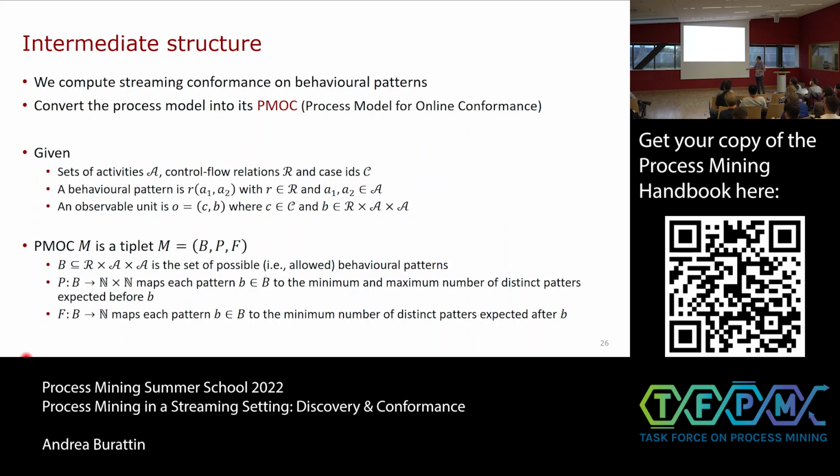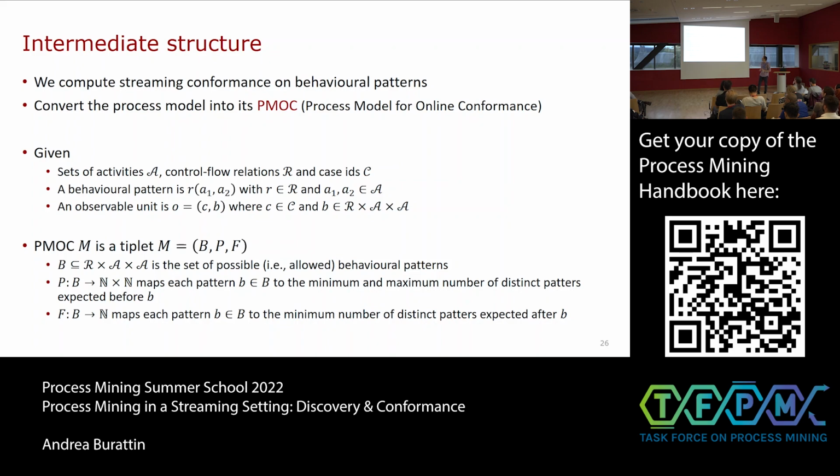P, which stands for past, tells us how many distinct patterns we are supposed to see before a given pattern, and F, which stands for future, tells us how many patterns we expect afterwards.